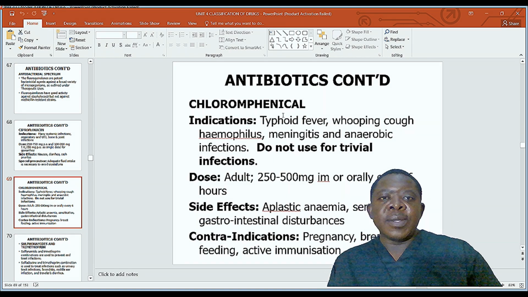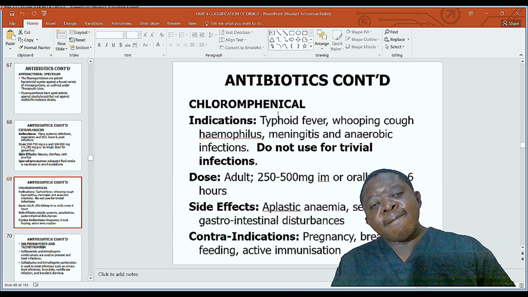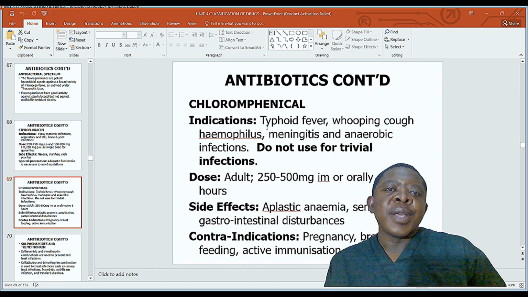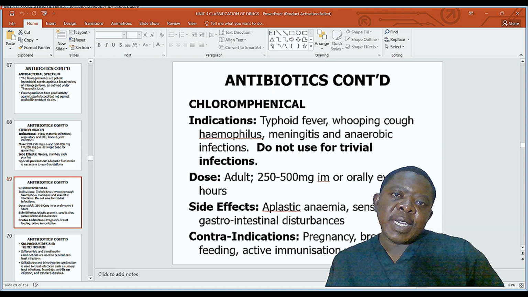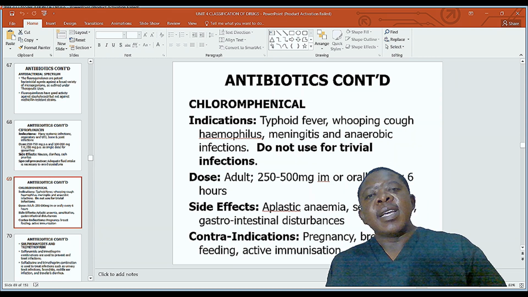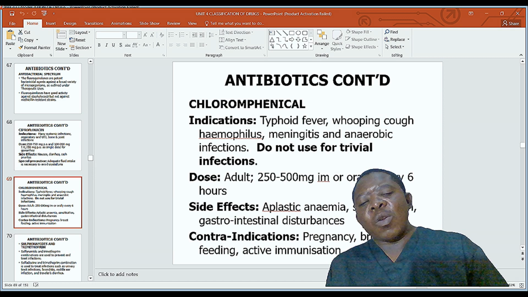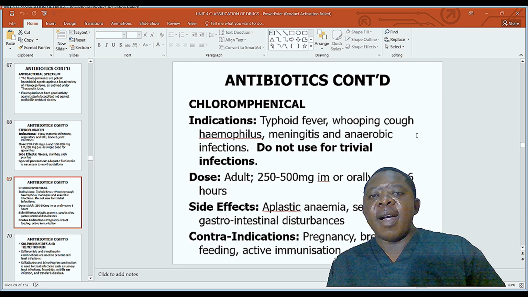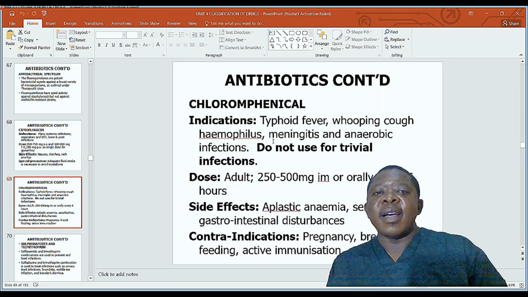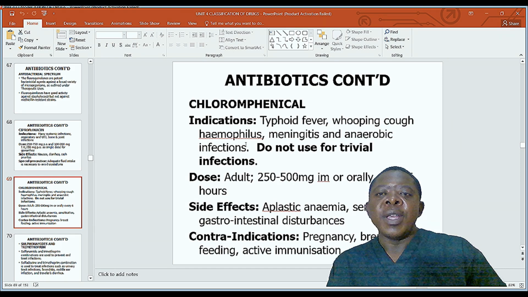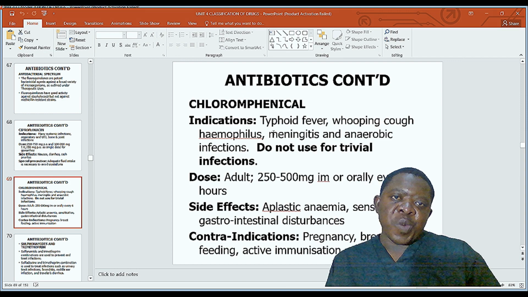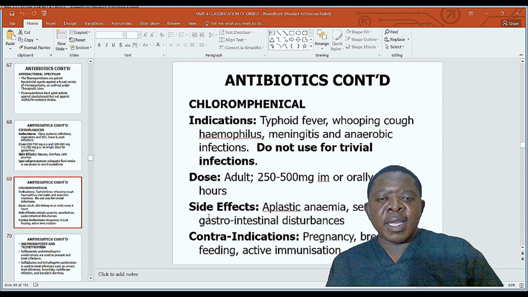Then another group of antibiotics that we also need to look out for is chloramphenicol. Chloramphenicol is a drug found under the chloramphenicols. The indications include typhoid fever, whooping cough, Haemophilus infections, meningitis, and anaerobic infection. Of course, do not use it for trivial infection because this is one of those powerful antibiotics that we have around.